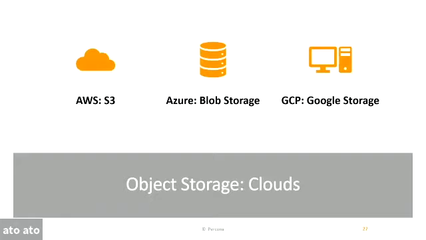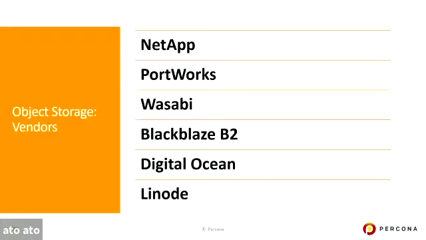The next one from commodity storage will be what you call the object store, right? S3 on Amazon, Blob storage, Google storage in GCP. And again, that is a very commoditized solution, right?